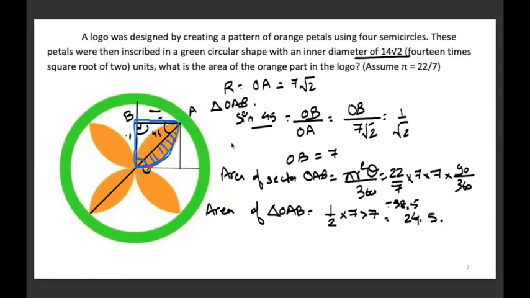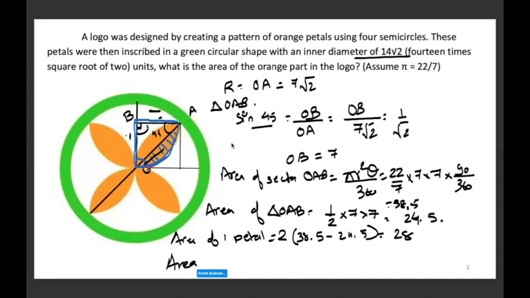Okay. So, area of one petal, one full petal. Right now we found the area of a half petal. We have two such half parts making one petal. So 2 into area of sector 38.5 minus area of triangle 24.5, which comes to 28.